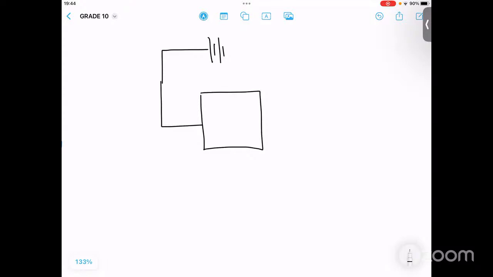Even in grade 10, I'll give you an example. They can give you an electric circuit like this.